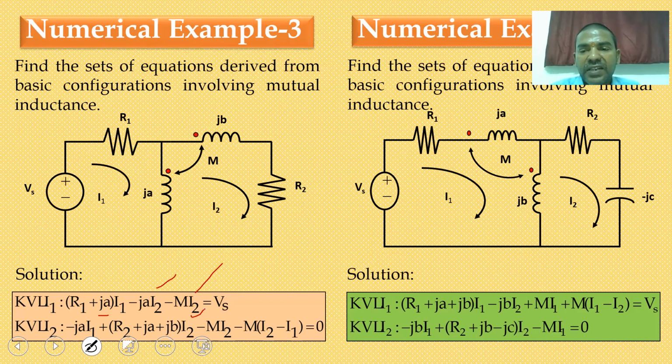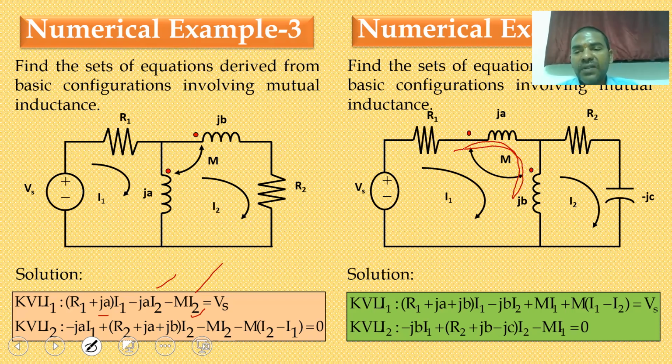I1 flowing with respect to the first coil is starting dot, second coil is also starting dot, so the M value must be positive. The two coils are connected in series, so we have to get 2 times of M. So 2 times of M I1 minus M into I2 is equal to Vs.